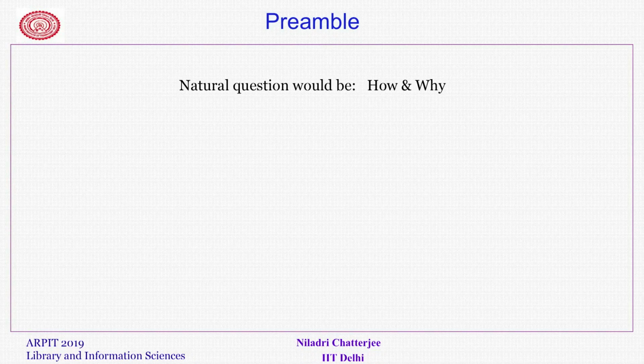So, in this talk, I shall try to explain how data is so relevant for the modern day design of different information systems. Now, the natural question will be how and why. How is data being used for AI based systems and why is it so useful for today's world?